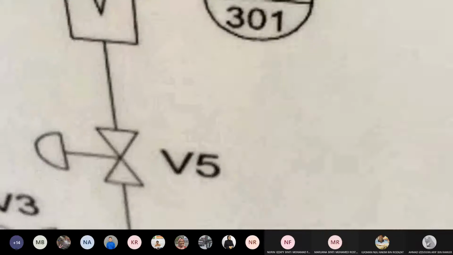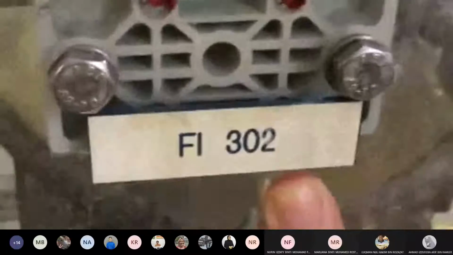Okay, for example, I will show you just one. So you can see here they write FL301. So FL is for flow. Okay. 301, you can read over here. You can see the label clearly, FL301. So it clearly states FL301. Next one, let's say you have FL302, right? Okay, so 302. You can read it, here it will also be written FL302. Okay.